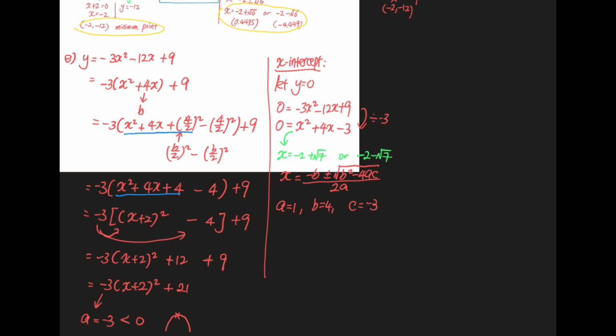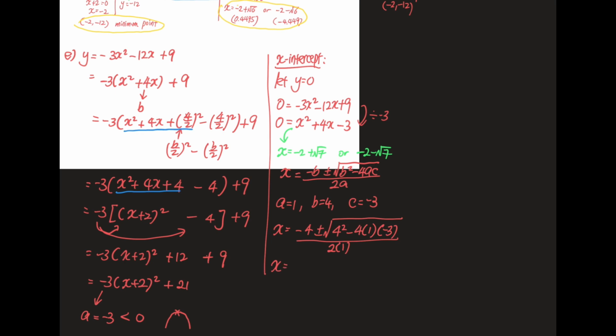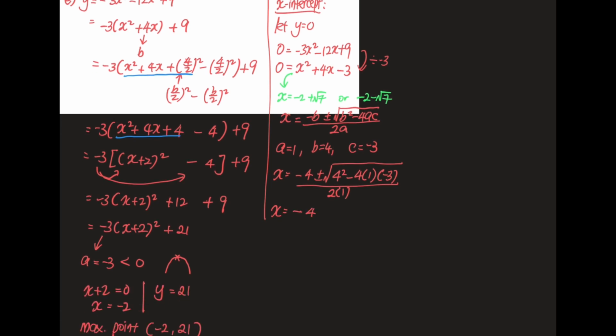So I have 1, 4, and minus 3. Now x equal to minus 4 plus minus square root of 4 squared minus 4 times 1 times minus 3, over 2 times 1.